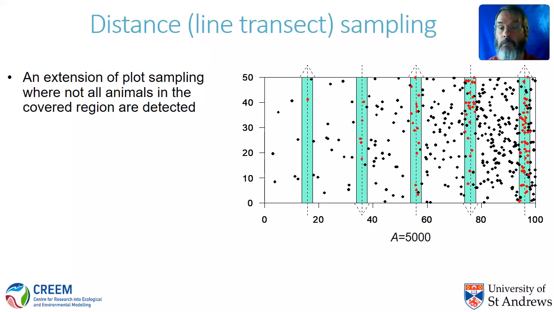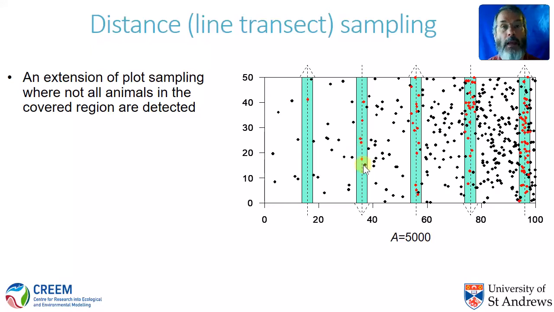In particular, animals that are at great distances from the transect line itself, from the dotted line, might not be detected by us, whereas animals that are close to the dotted transect line are likely to be detected by us.